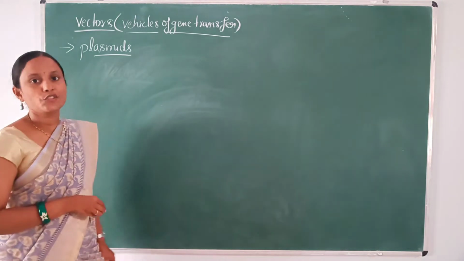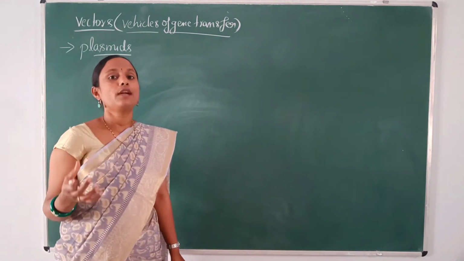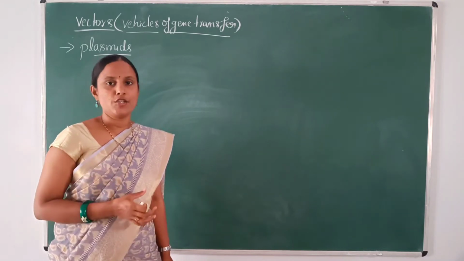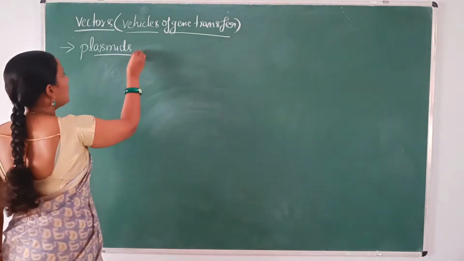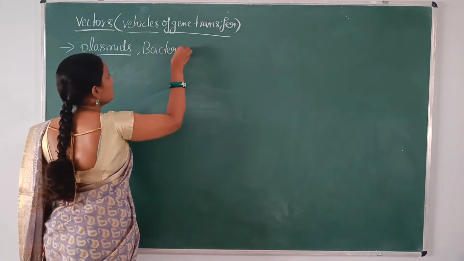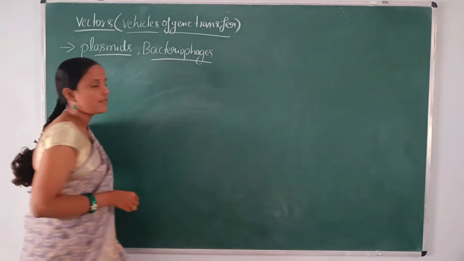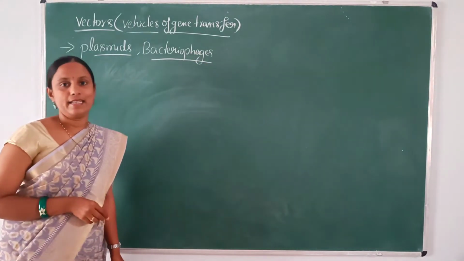Plasmids are double-stranded circular DNA molecules capable of undergoing self-replication. And there are bacteriophages. Bacteriophages are the virus which can infect the bacteria.